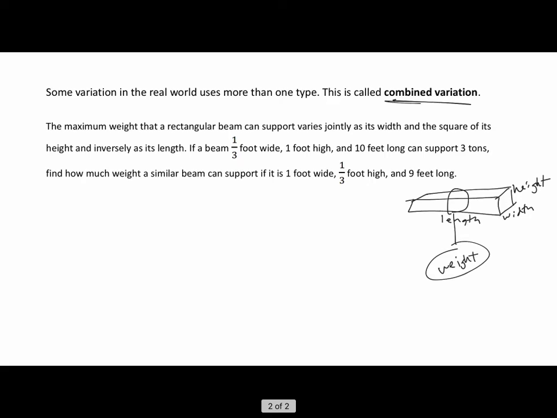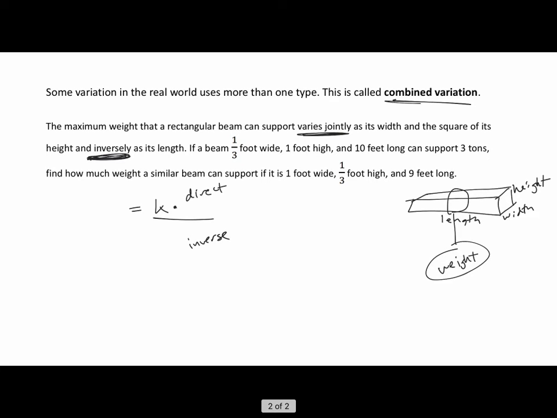So I need to come up with some variables here. Let me first identify the keywords: varies jointly and inversely. So I'm going to have both types of variation here. I'm going to have multiplication and I'm going to have division, for direct and inverse.